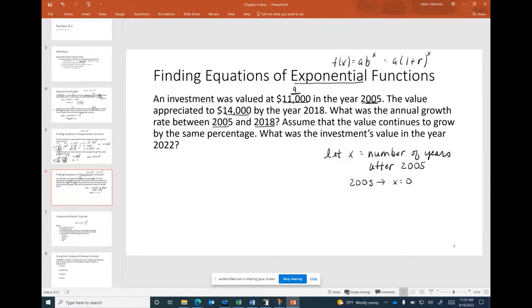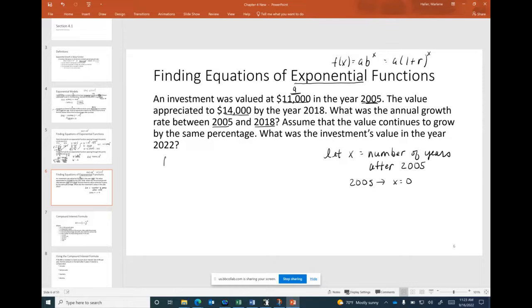Okay. So let's see. We're only trying to find the investment's value. So I don't have to use this 1 plus R formula. I can use the simpler version and just use the multiplication factor here, right? My growth factor, the B, let me use that version of it.